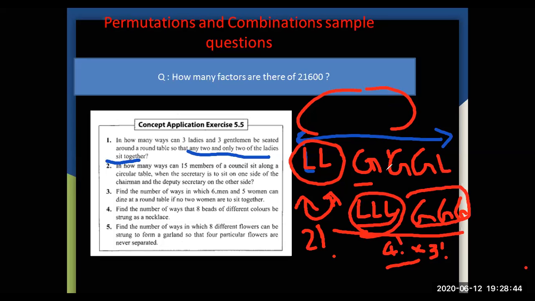And in this case, you have 5 people in all, and you can rearrange these any way you like. So we get 5 times 2 factorial.